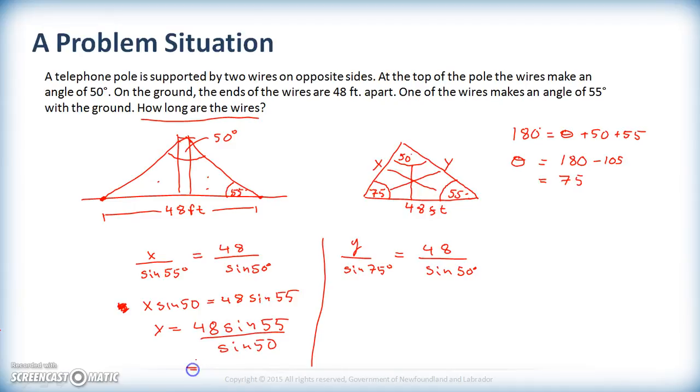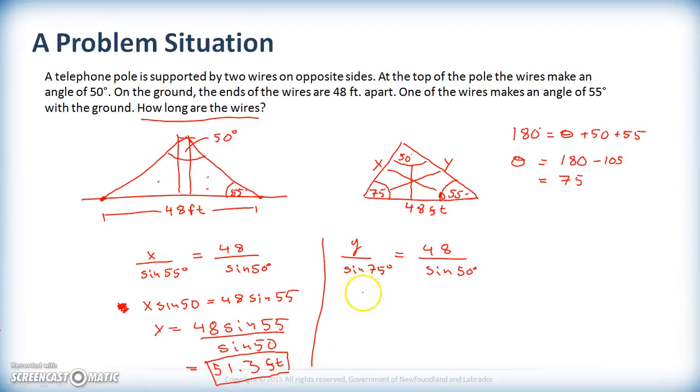If I plug that into a handy-dandy calculator, 48 sine 55 divided by sine 50, we've got 51.3. Right here, 51.3 units for that one. Or I guess that's going to be feet, isn't it? Because we were talking about feet here. So that wire is 51.3 feet long.